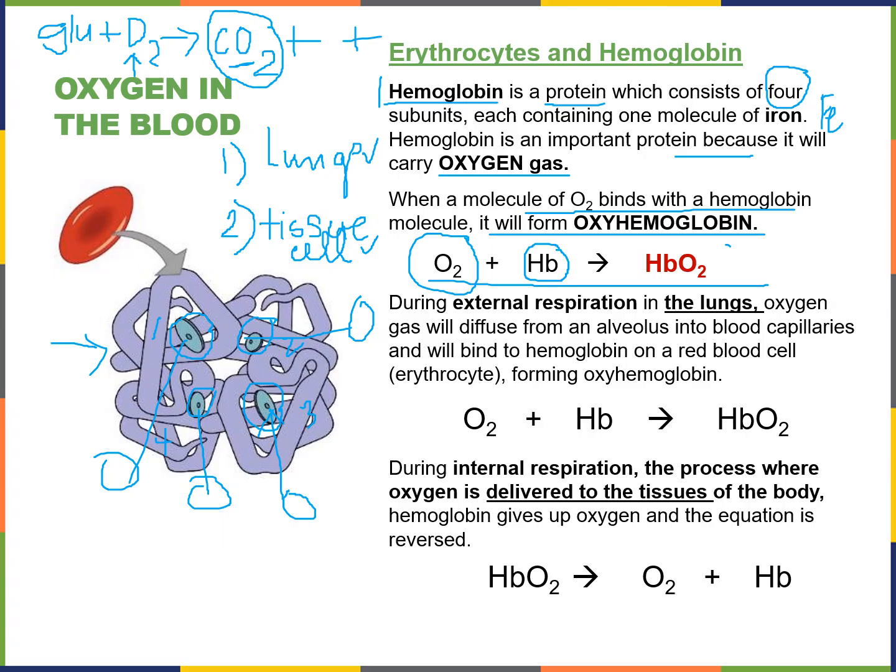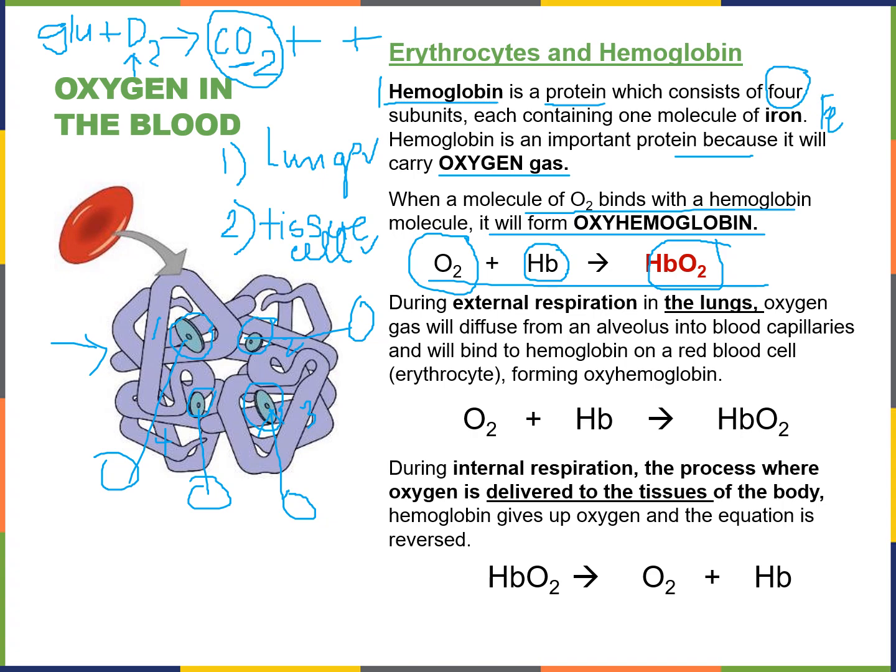So oxyhemoglobin, HbO2, is the chemical formula for oxyhemoglobin. HbO2, oxyhemoglobin, is how oxygen is transported by erythrocytes from the lungs to all parts of the body.